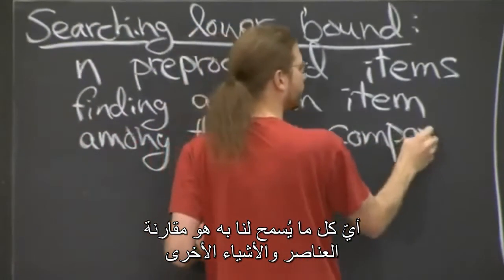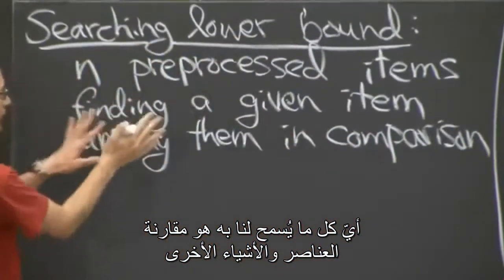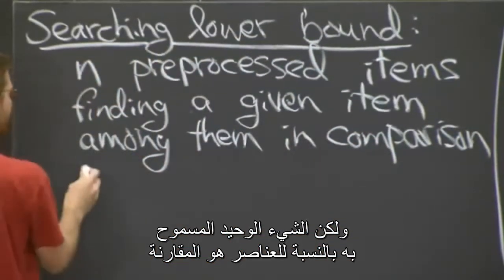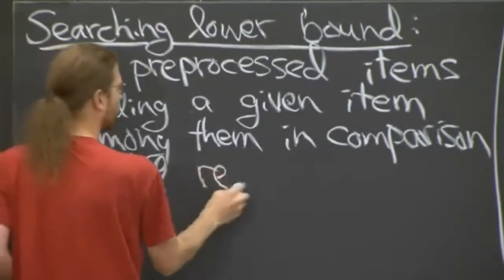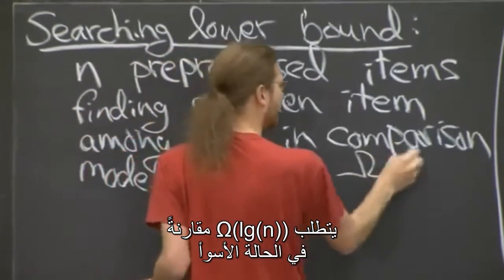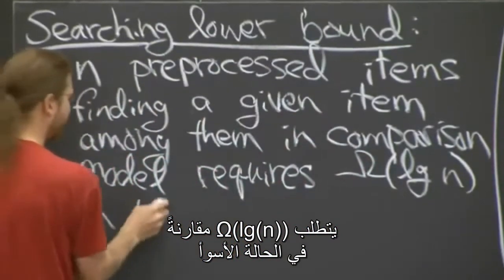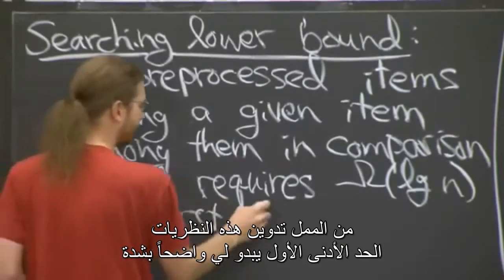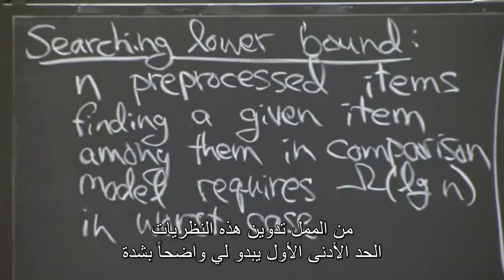So all you're allowed to do with the items is compare them. Requires omega log n comparisons in the worst case. Okay, it's kind of tedious to write down these theorems, but it's our first lower bounds. I thought I'd be super explicit.